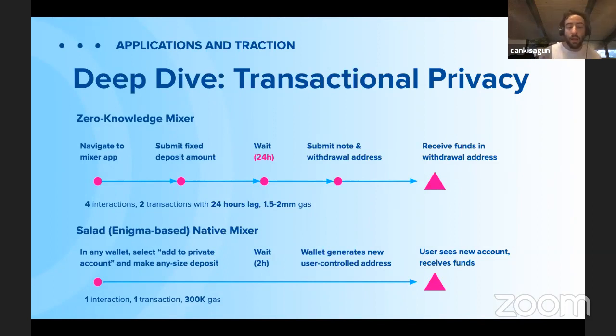Whereas in Salad, because we're using the Enigma network as a sidechain, the user interacts with the product only once, where they do the deposit and send in the recipient address. The deposit is on Ethereum. The recipient address is sent to the Enigma network in an encrypted way.